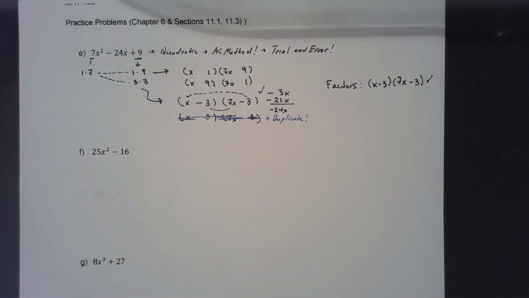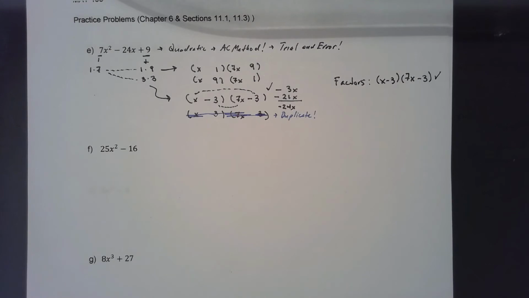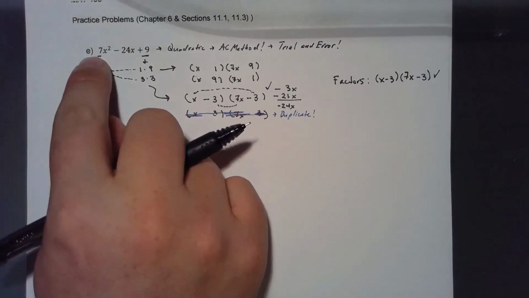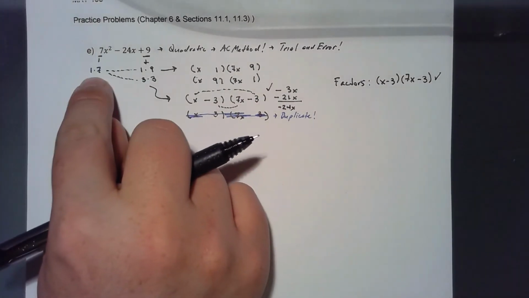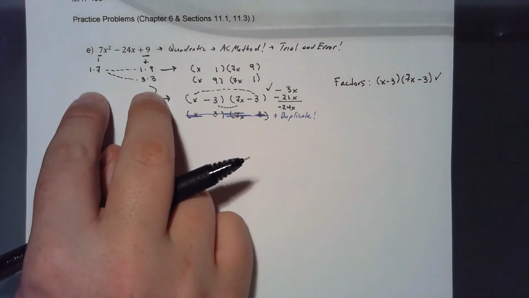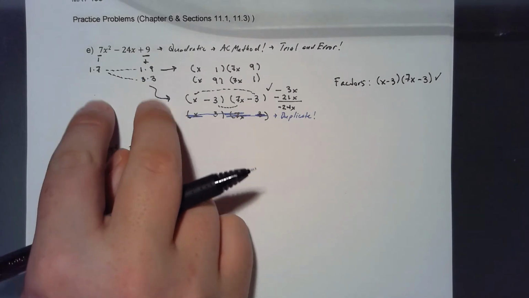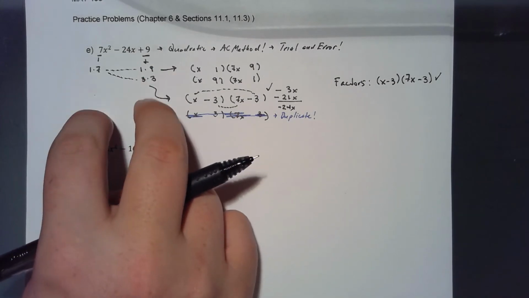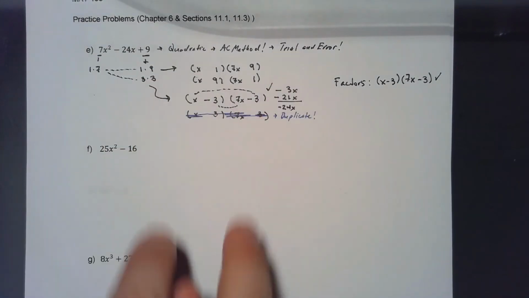Big numbers are bad if they're not prime numbers, then you should probably do grouping instead. 7 is a prime number, so I only get one factor of that. The more factors you get, the more combinations you have to consider.